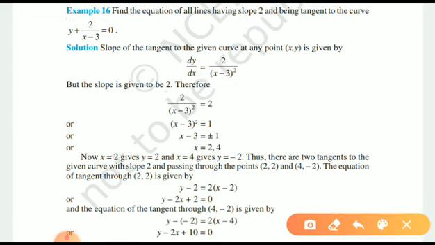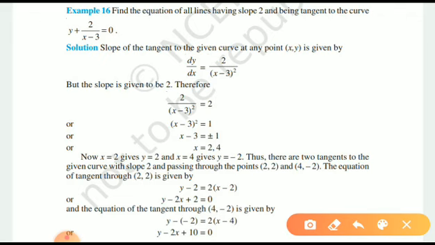Now when x is 2, I can find the value of y using the equation. So I get y = 2. And when x is 4, the value of y is -2. That means the two points we have got are (2, 2) and (4, -2).